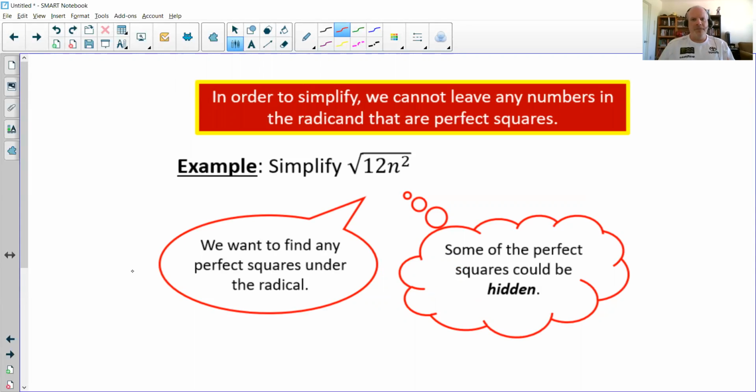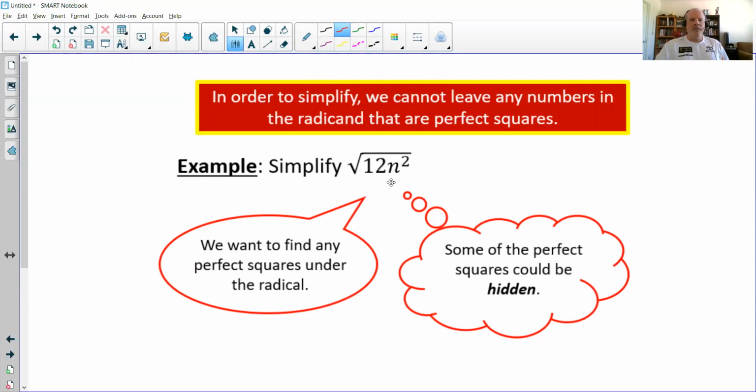In order to simplify a radical expression, you cannot leave any number or any quantity in the radicand that can be rooted. In this case, it's a square root. So I have to remove any squares that I have under the roof.